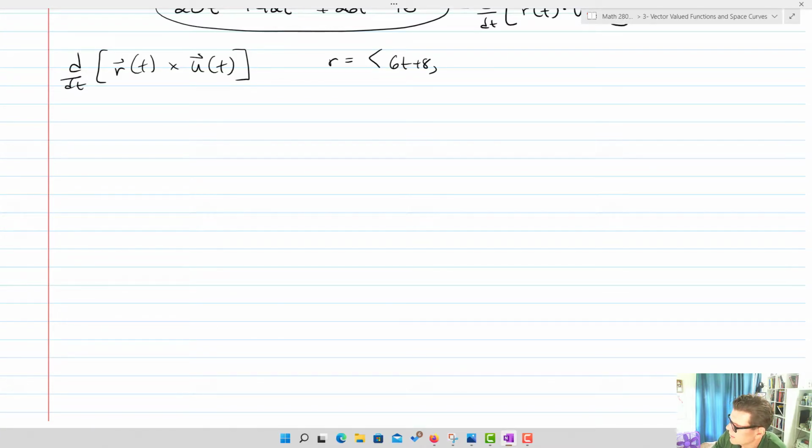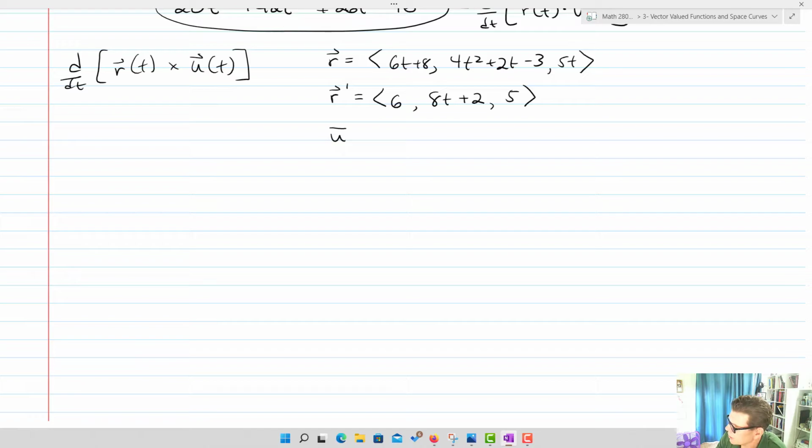Let's try now to do the derivative of r(t) crossed with u(t). Remember, r is going to end up equaling, we'll write it as a vector, <6t plus 8, 4t squared plus 2t minus 3, 5t>. R' ended up being equal to <6, 8t plus 2, 5>.